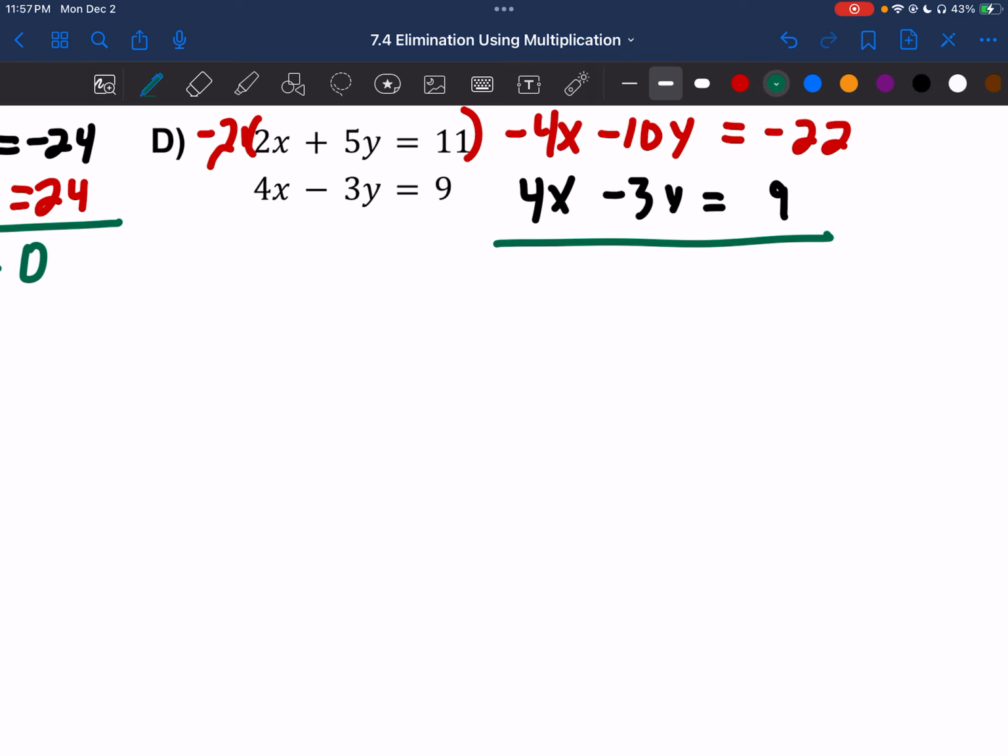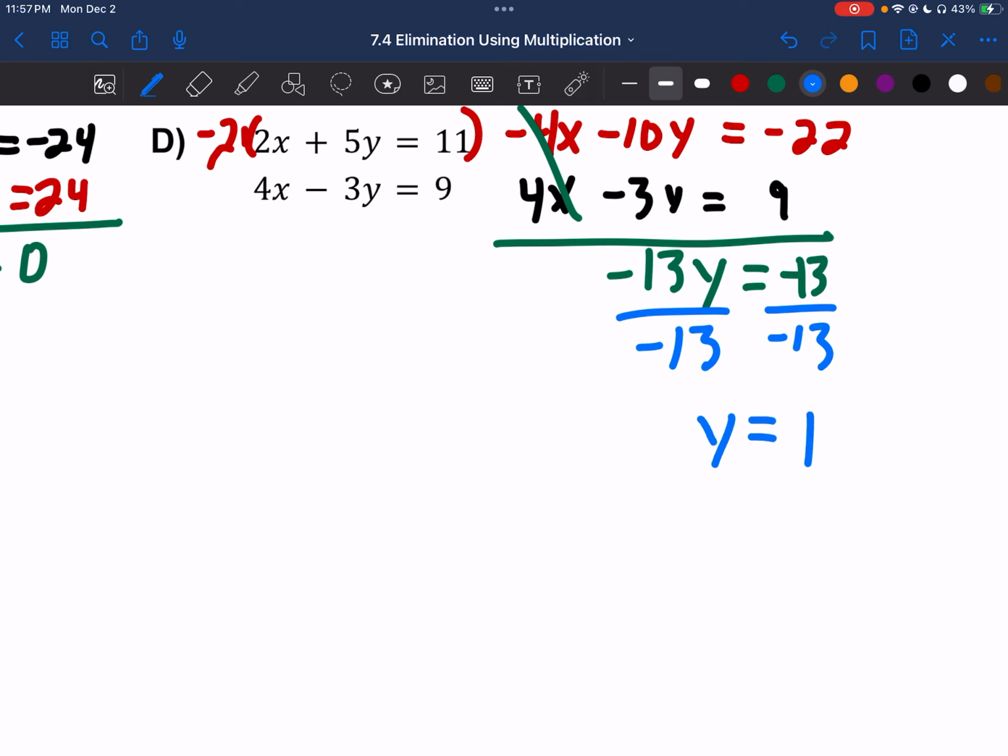Add the two equations together. My x's cancel out. Negative 10y minus 3y is negative 13y. Negative 22 plus 9 is negative 13. Divide by negative 13. My y value is equal to 1.